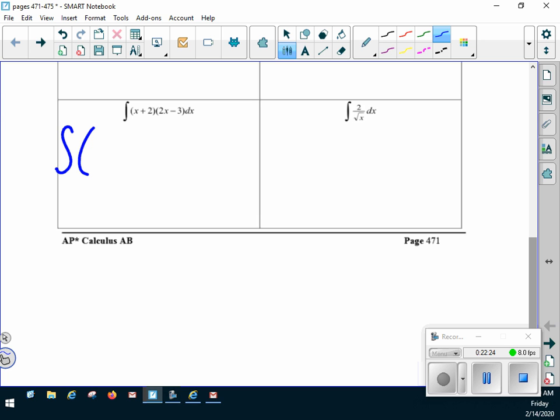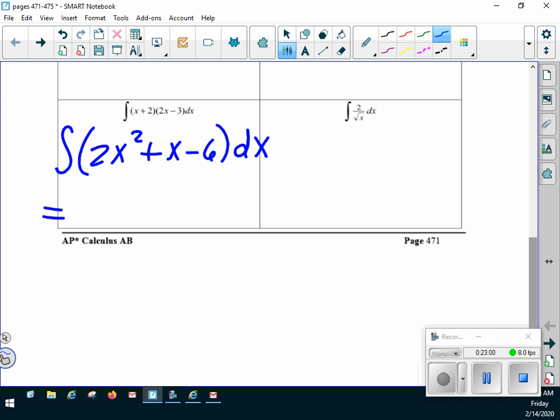Integral or antiderivative of the... Please tell me you're getting that when you multiply. Yes? Integrate or take the antiderivative.